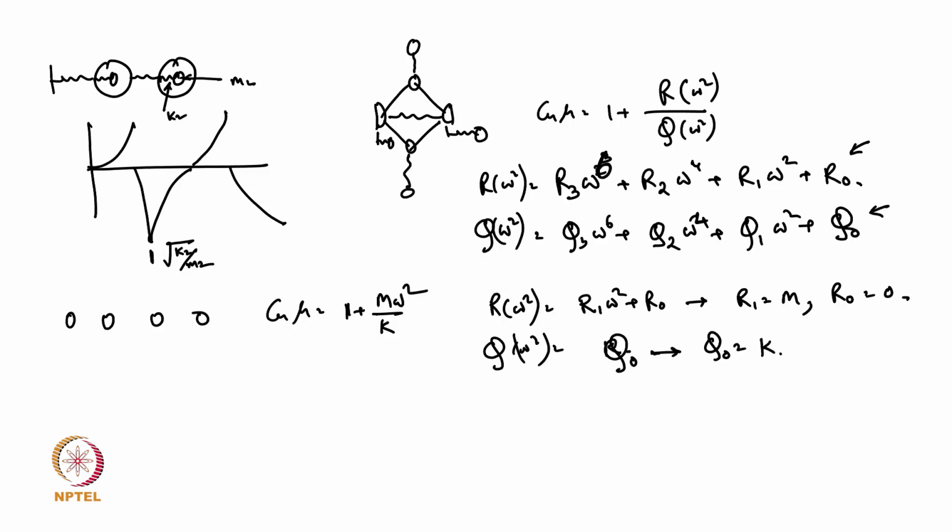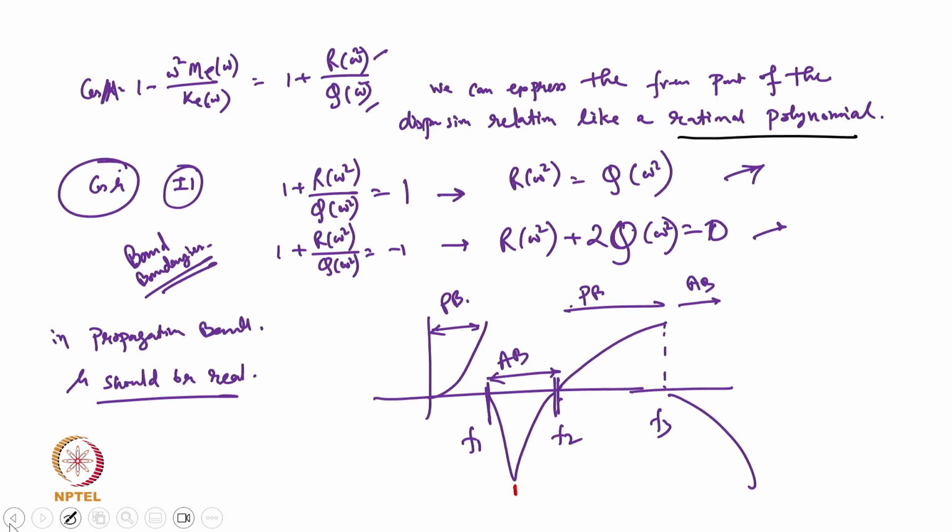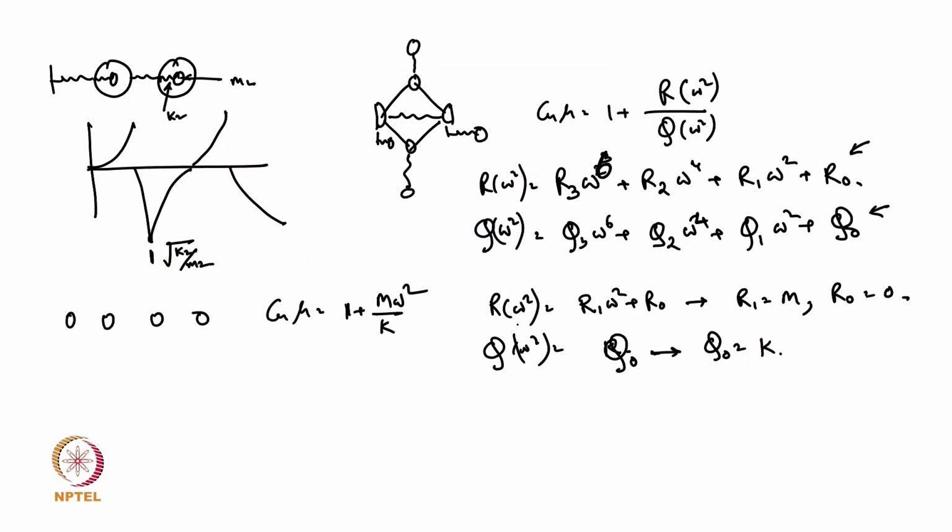So once this happens, where do my boundaries lie? You are basically solving that r omega square equal to q omega square. If you solve r omega square, that is r1 omega square, or maybe m omega square, should be equal to k.